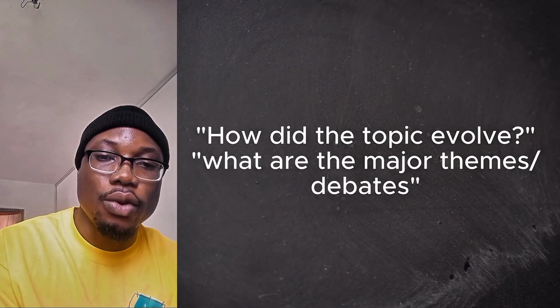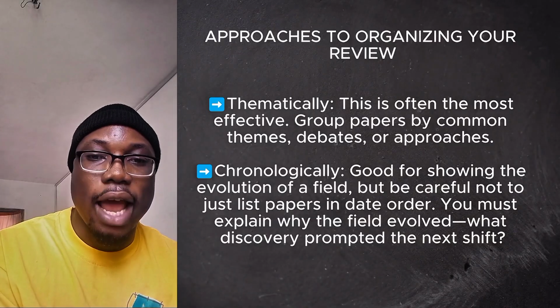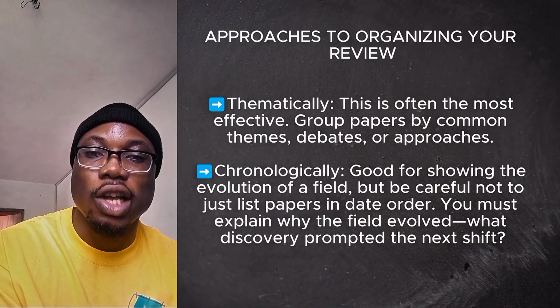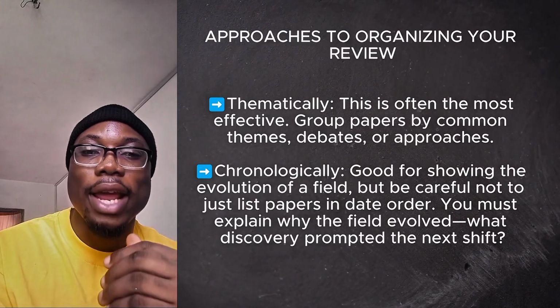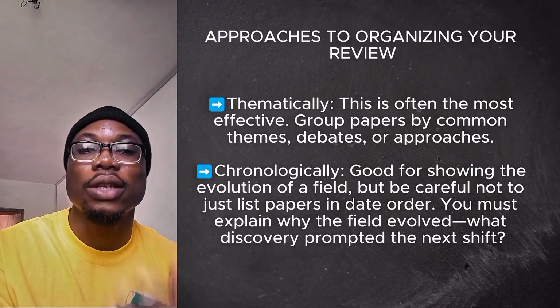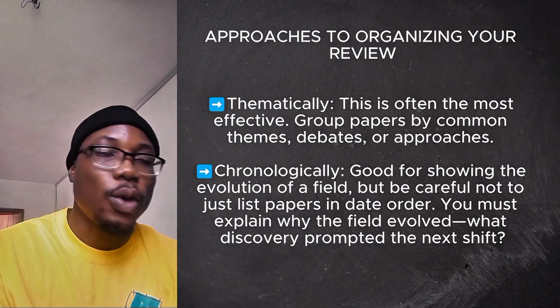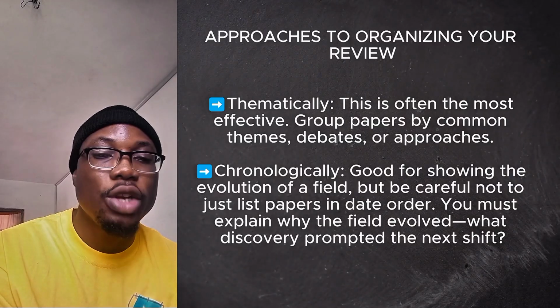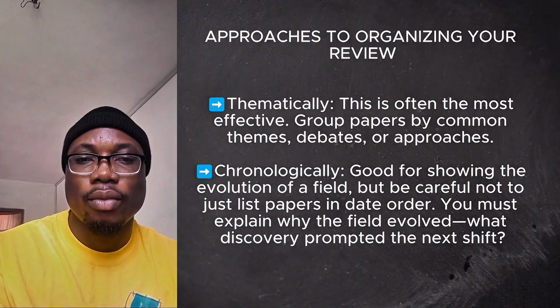For a narrative review, reviews that are done narratively, there are different approaches that you can use. I recommend a thematic and chronological approach. With a thematic approach, you arrange the findings from each paper according to themes or common findings. So you identify the major themes: you read through your core papers and ask yourself, what are the big ideas here?